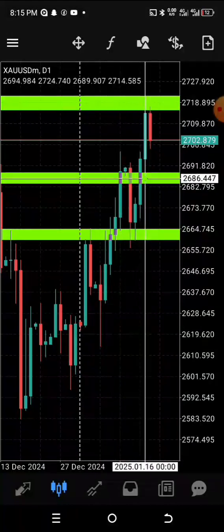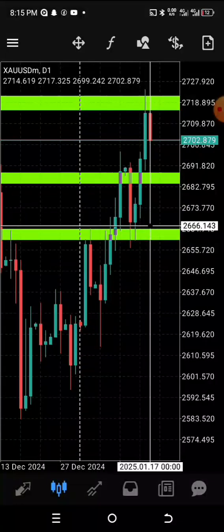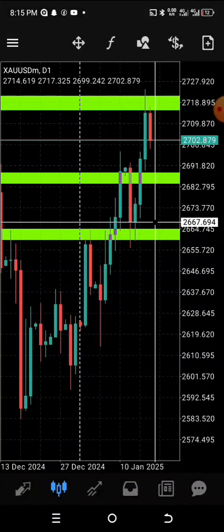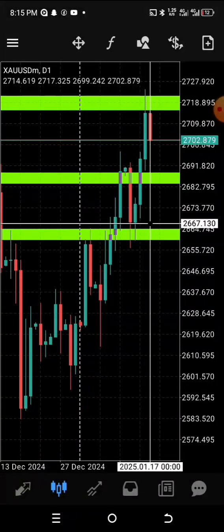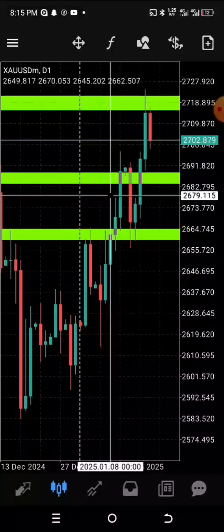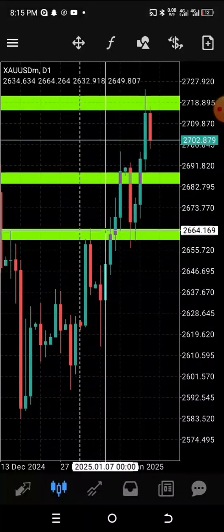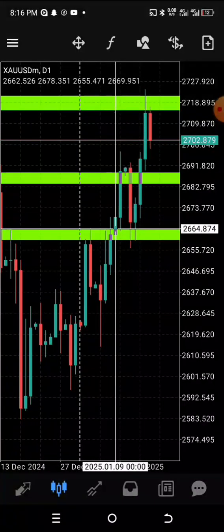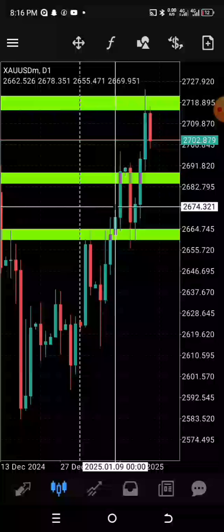This is my point of entering, but from this zone here to this zone here, I cannot take a very, very big stop loss. If you are a trader who can risk, you can decide to put your stop loss here. But for some of the people who have smaller accounts, what I do is this: from this zone here to this zone here, you calculate how many pips from this point of entry to this point, then divide it by 2, you get the midpoint.